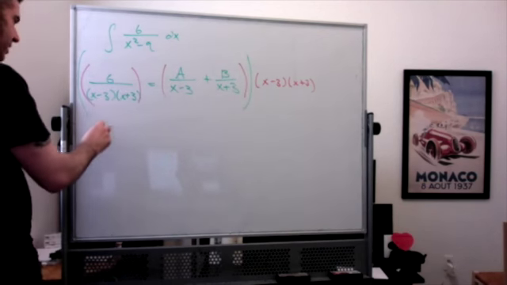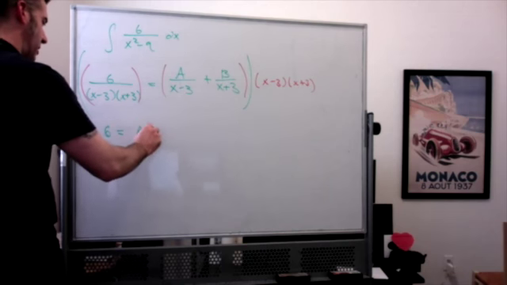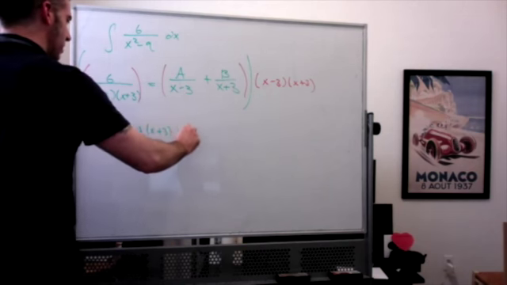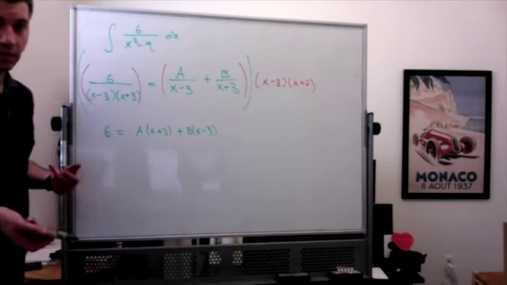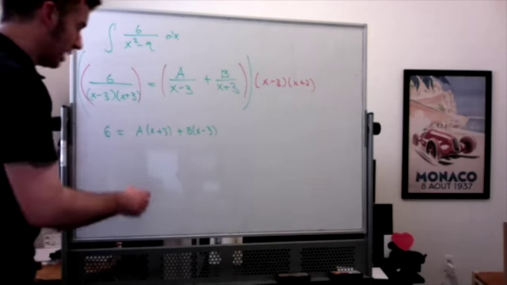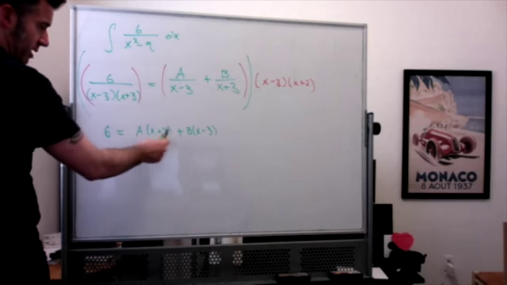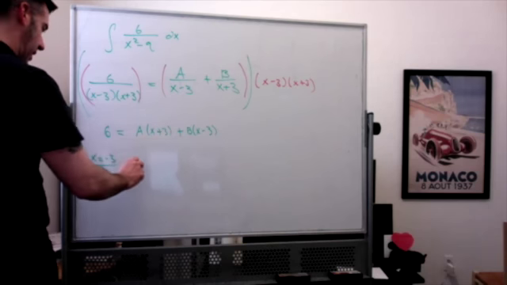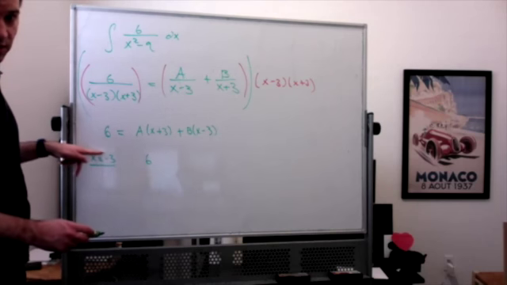So on the left, we're going to get 6. On the right, we're going to get a times x plus 3 plus b times x minus 3. Personally, I think you should all use the convenient values of x method, meaning here I can pick x equal to -3 to make this part go away. So then I get 6 on the left, because there's nowhere to plug in x equal to -3 on the left.